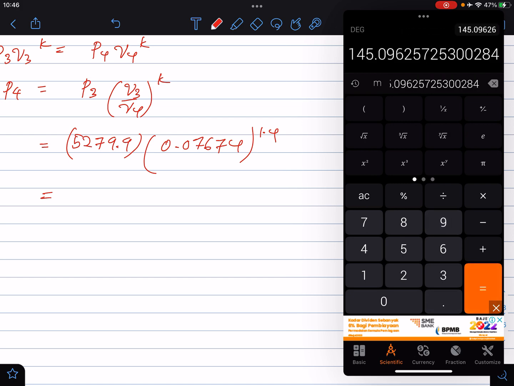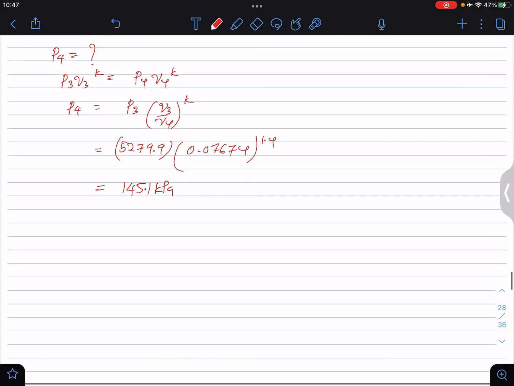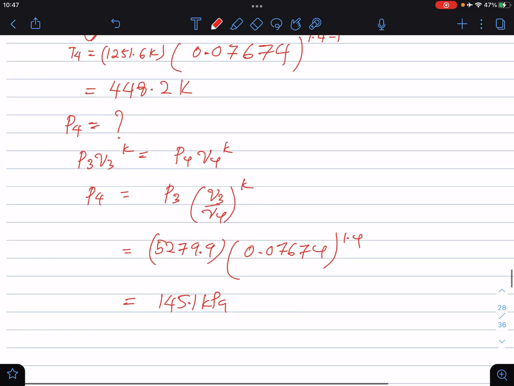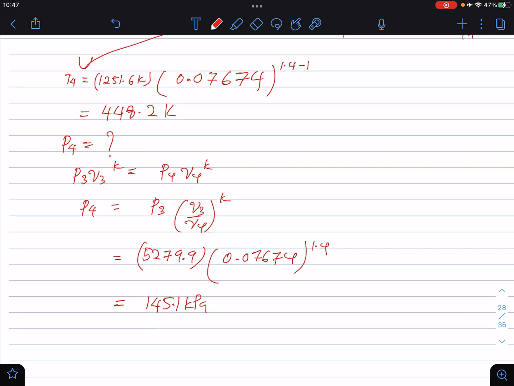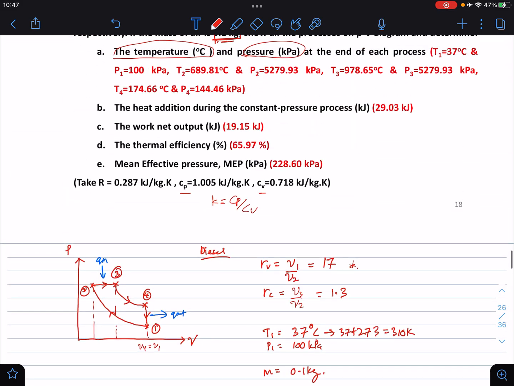So you get here 145.1 kPa. Okay, so that is all of the temperature and pressure from state 1 to state 4.